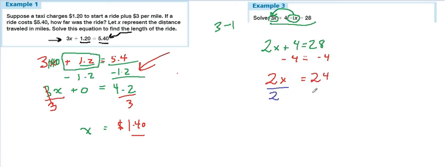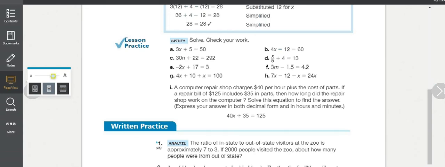Divide by 2 means x equals 12. And I could check that by putting in 12 anywhere x is, and it's actually going to come out indeed to 28. So, for showing that you know what's going on, why don't you do A, C, G, and I.